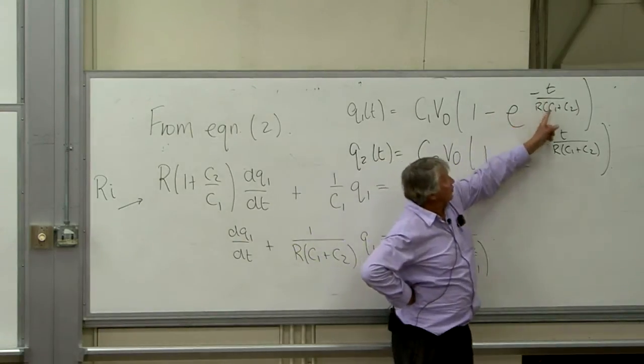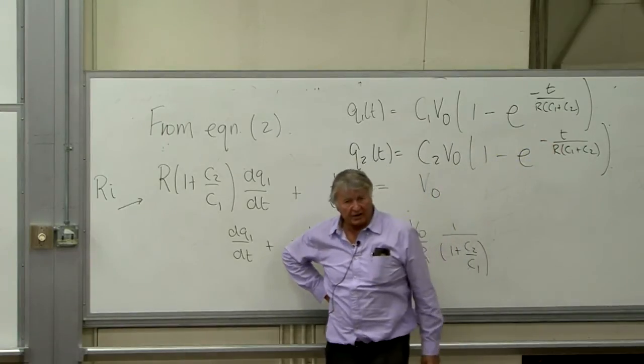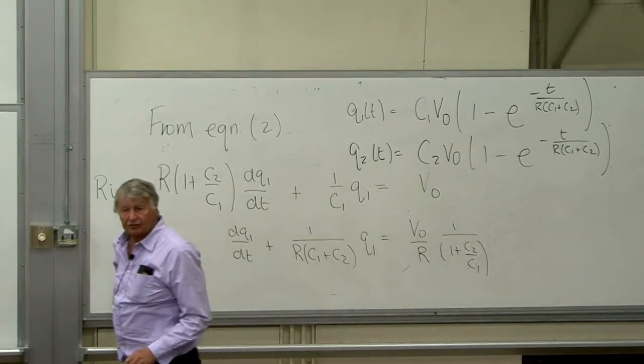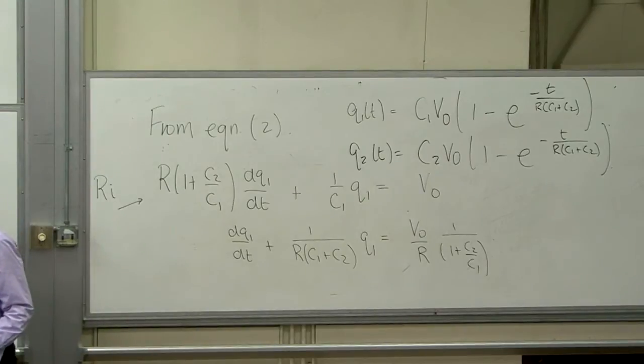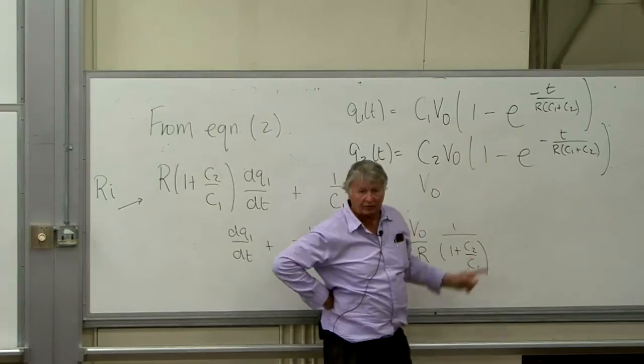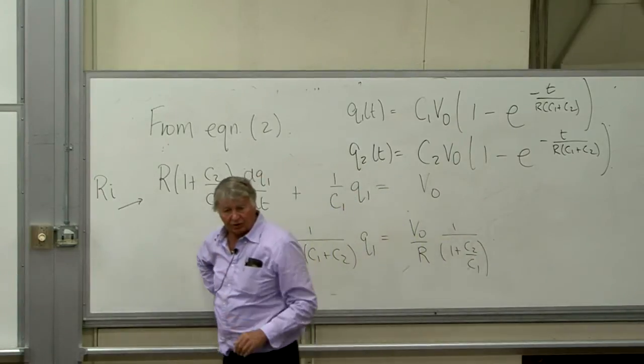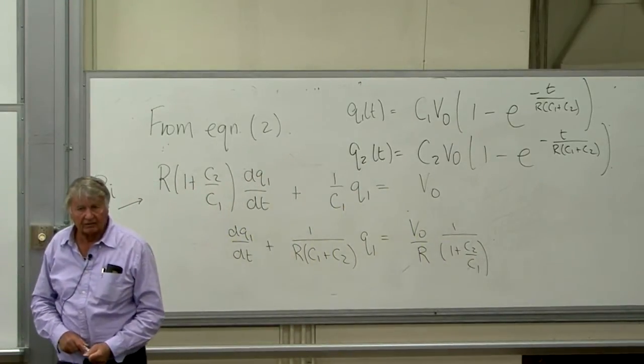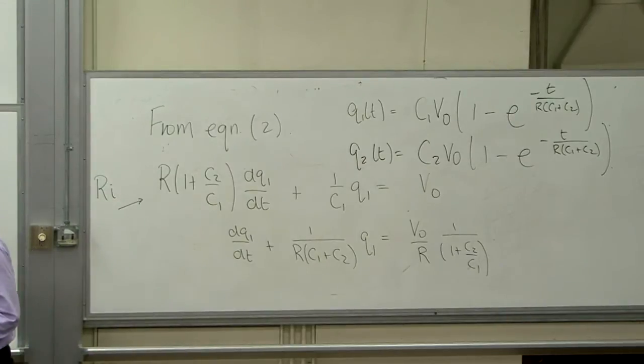But when t gets quite big with respect to R times the sum of the two capacitances, then this term will be negligible with respect to the 1, and you will be asymptoting to the final charge that's sitting on that capacitor.